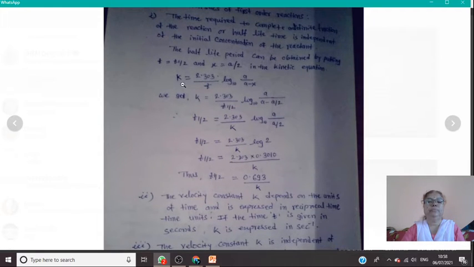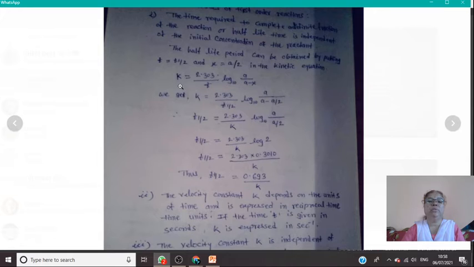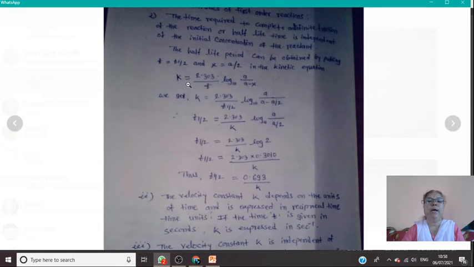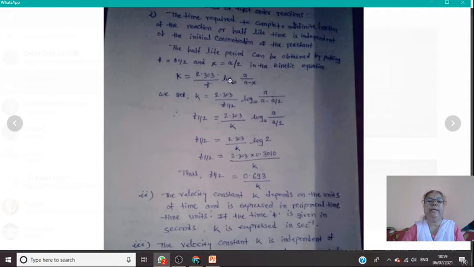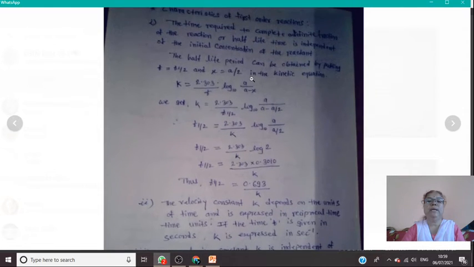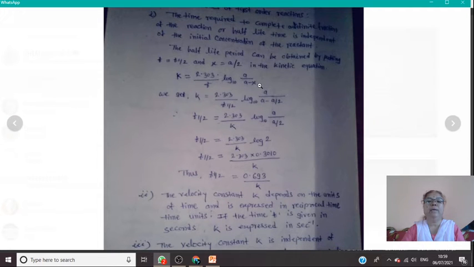Here the velocity constant of a first order reaction is given by K equals 2.303 upon t into log to the base 10 a upon a minus x.